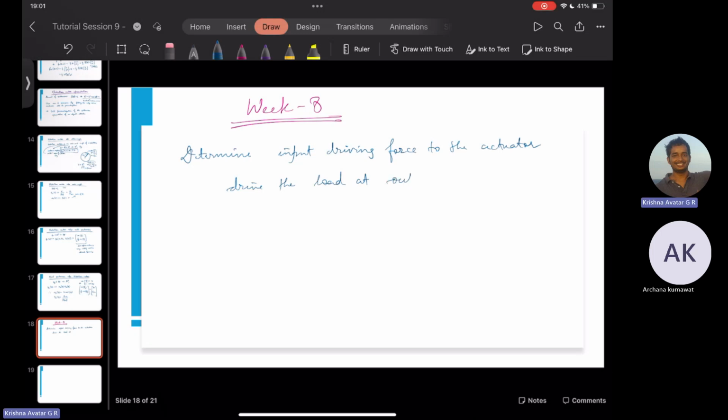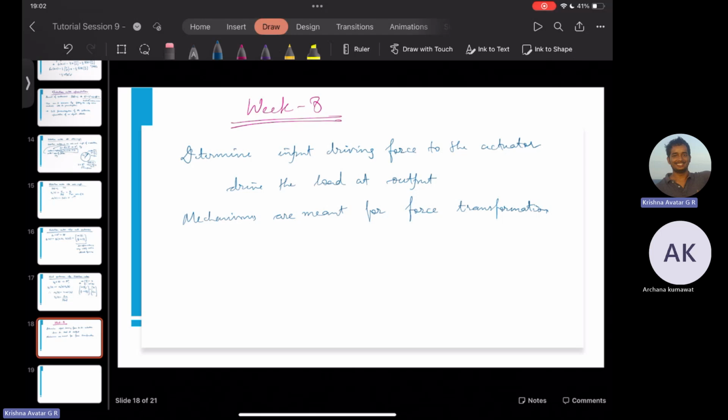Ultimately, we use mechanisms for what we call force transformations, right? So mechanisms are meant for force transformation. We provide a certain force as the input, and we use it to drive some load at the output end, right?